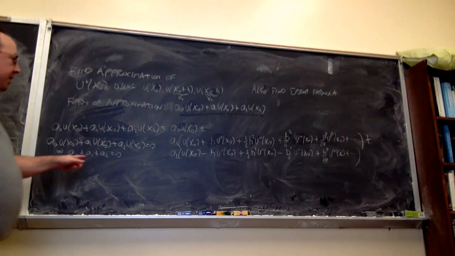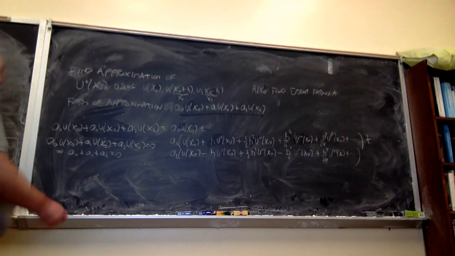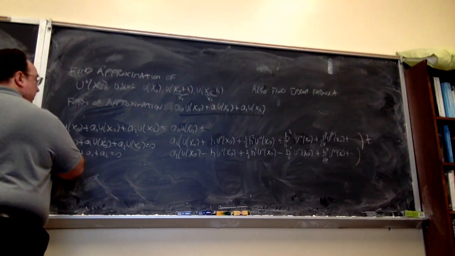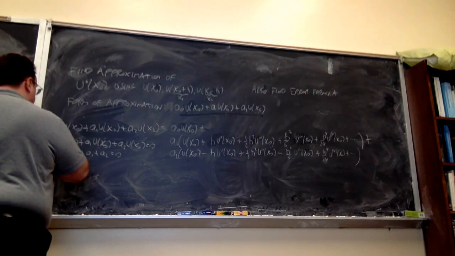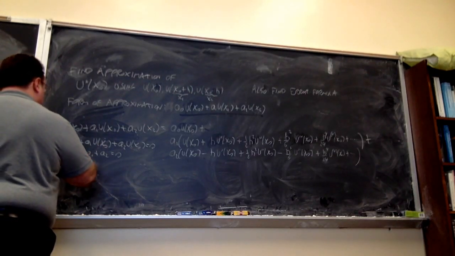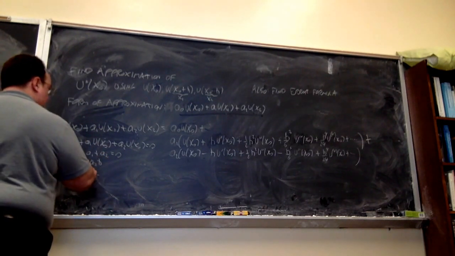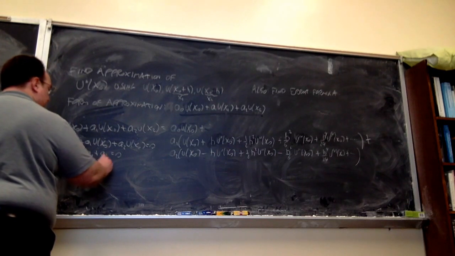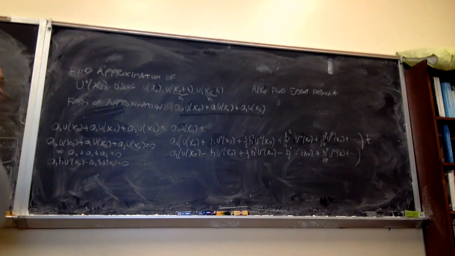Then when I move on to the u prime terms, I want those to go away also. So I have a1 h u prime of x naught plus a2, or minus a2 h u prime of x naught is 0.